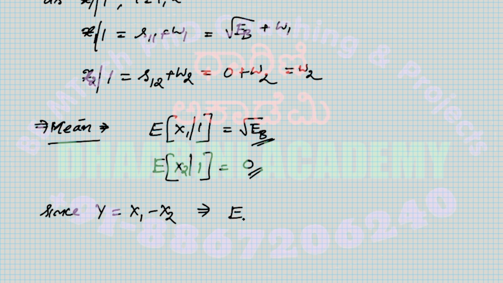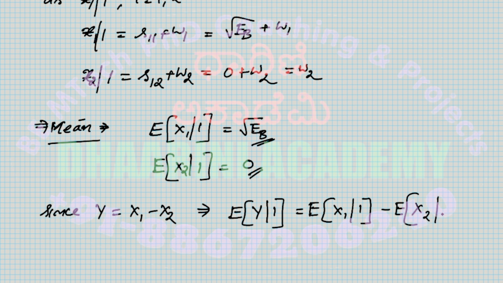That is, the expected value of y when 1 was sent is equal to the expected value of x1 when 1 was sent minus the expected value of x2 when 1 was sent, right? By substituting the previous values, I can directly write this is equal to root Eb minus 0. So this is simply root Eb.